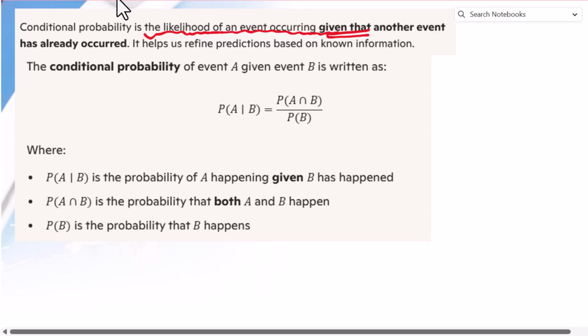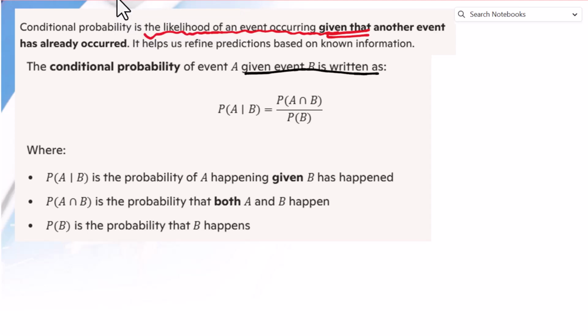The conditional probability of event A given event B is written as P of A given B equals P of A intersection B over P of B. P of A given B is the probability of A happening given B has happened.